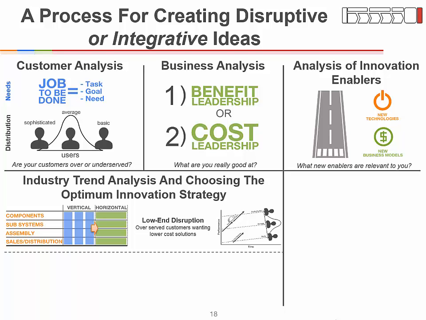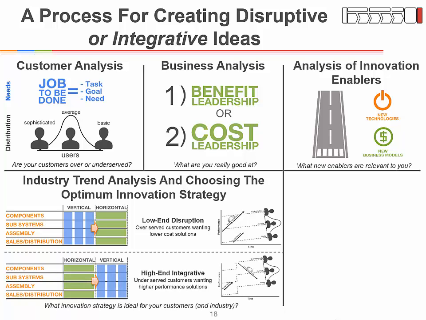And for instance, is your industry trending from vertical, where all of the companies do most of the pieces of the value chain, into horizontal, where it's being broken up and a lot of low-end disruptive innovations are coming in with products that are solely focused on one job to be done, and yet they'll gradually improve on those?